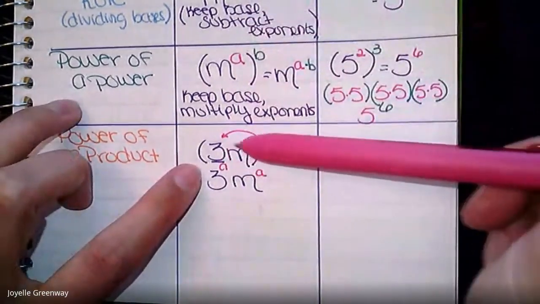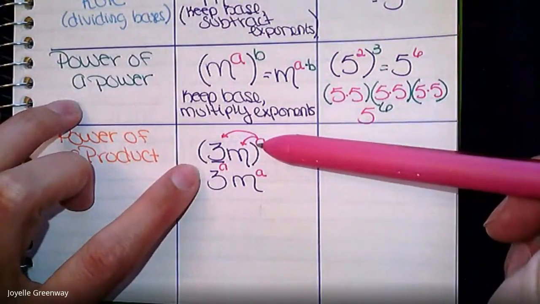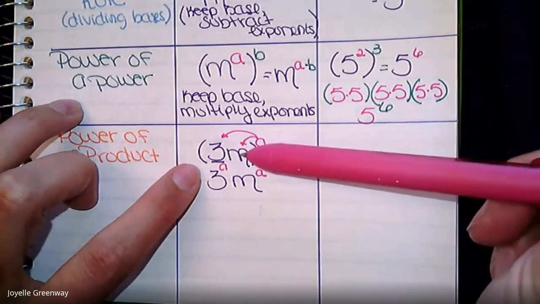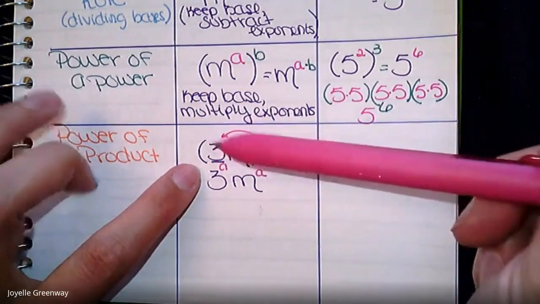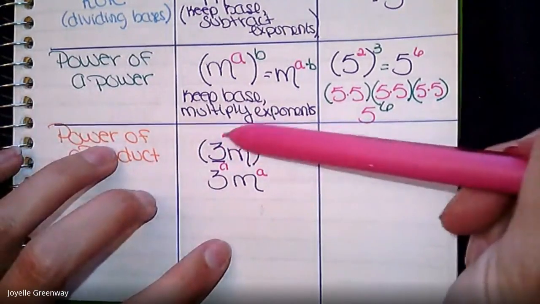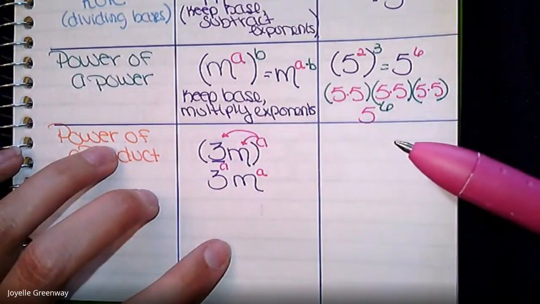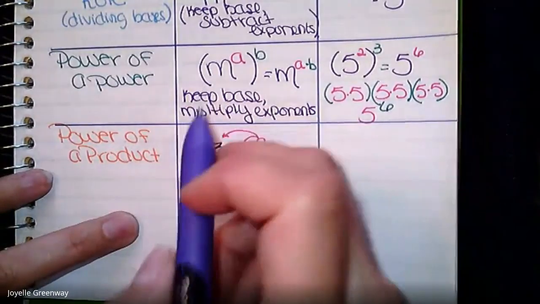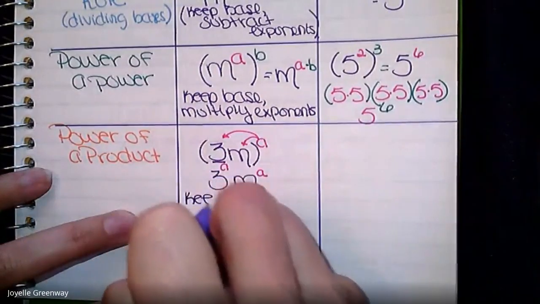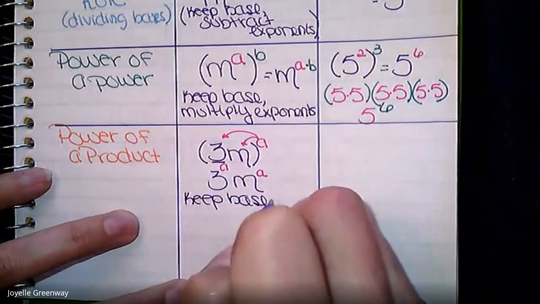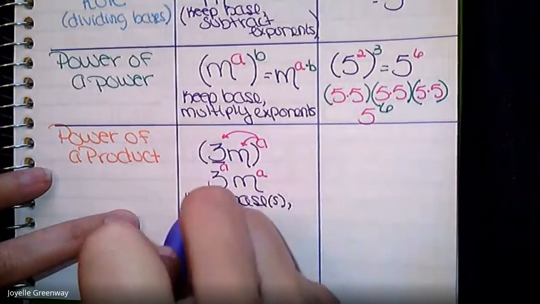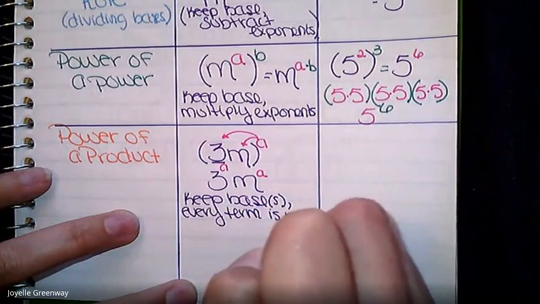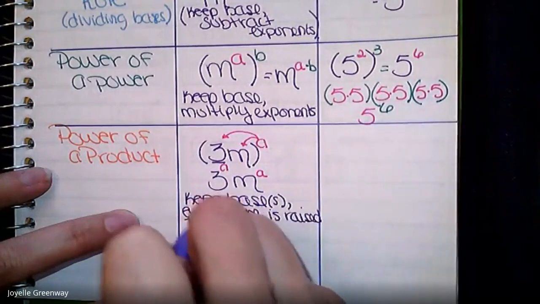So however many terms are inside the parentheses, if they're all being raised to a power, each term inside, or if you have a coefficient, they all get that power. Okay? So we keep the base, or bases, and then every term is raised to the power.